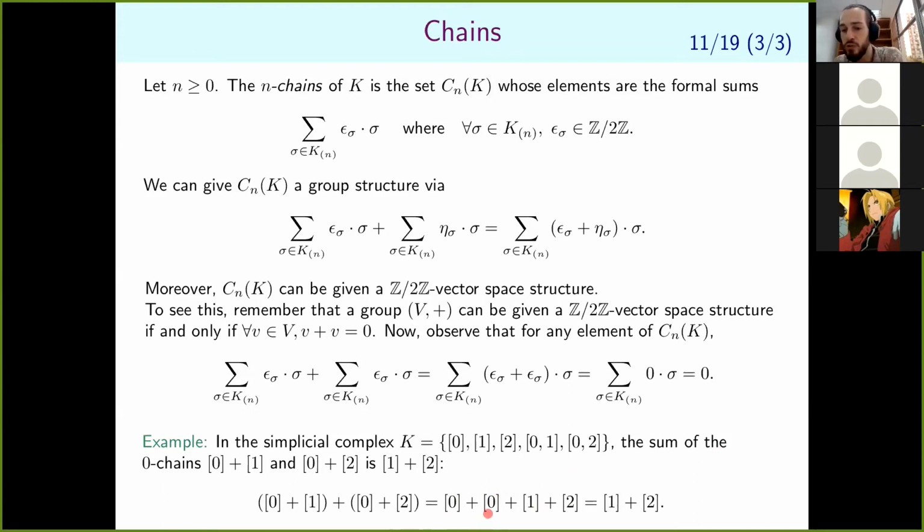And in Z over 2Z, the sum of an element by itself is 0. So these two zeros cancel, and I end up with only 1 and 2. Okay. This is the vector space structure we have on the chains.